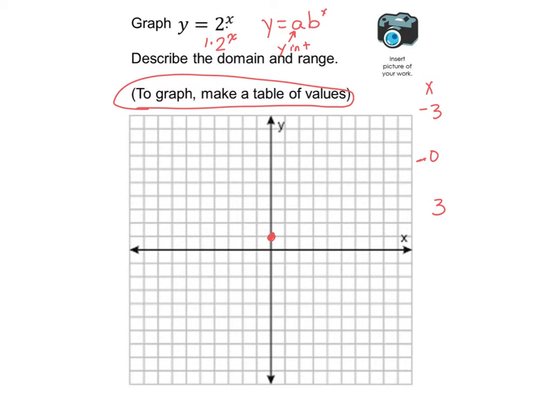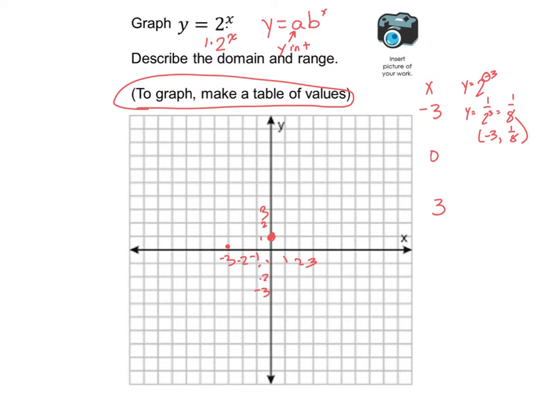All right, so now I'm going to plug in y equals 2 to the negative third, which is y equals 1 over 2 to the third power because that's a negative, which is 1 over 8. So I have negative 3 comma 1/8. So negative 1, negative 2, negative 3, 1, 2, 3. Okay, negative 3 and 1/8. It's really close. And now I'm going to do 0.